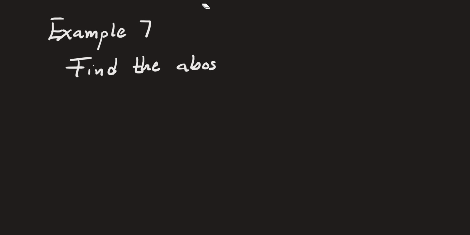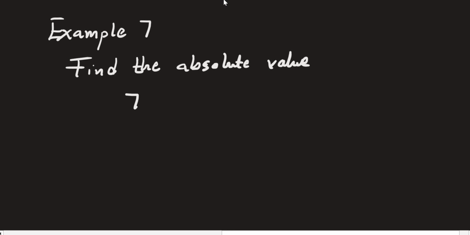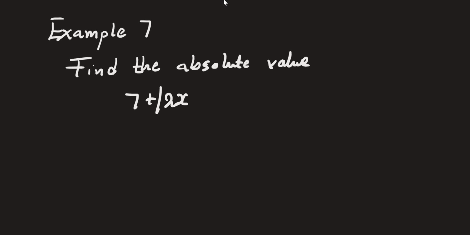All right. Example 7. Find the absolute value. 7 plus the absolute value of 2x minus 5 is equal to 4.